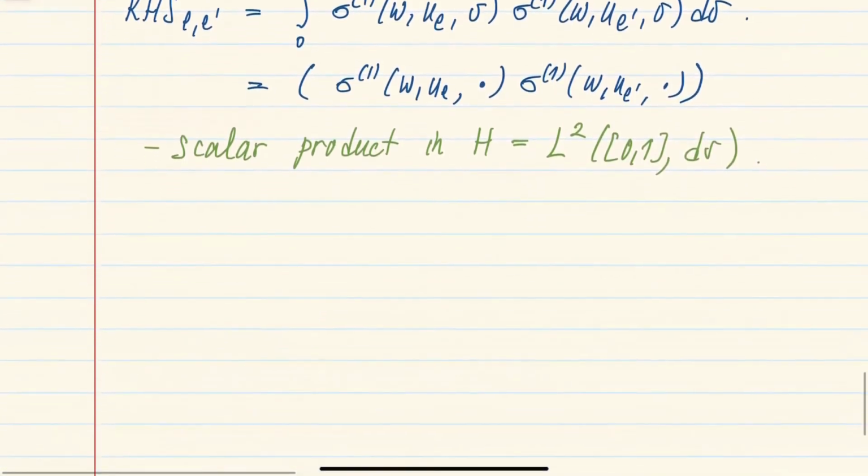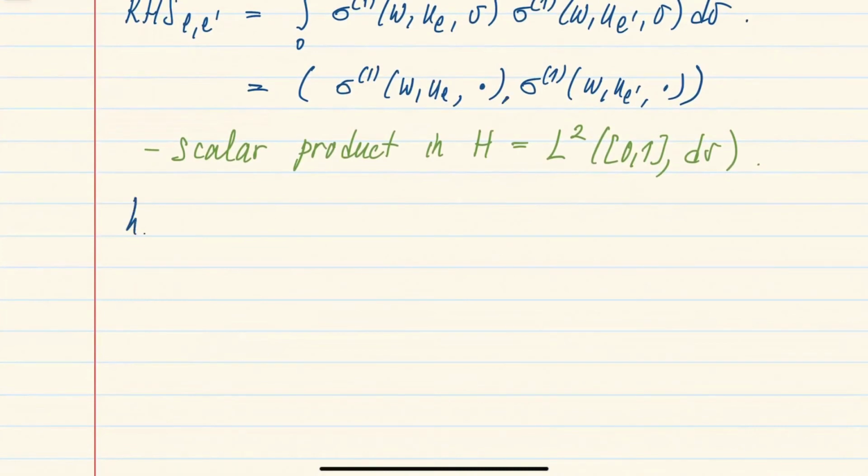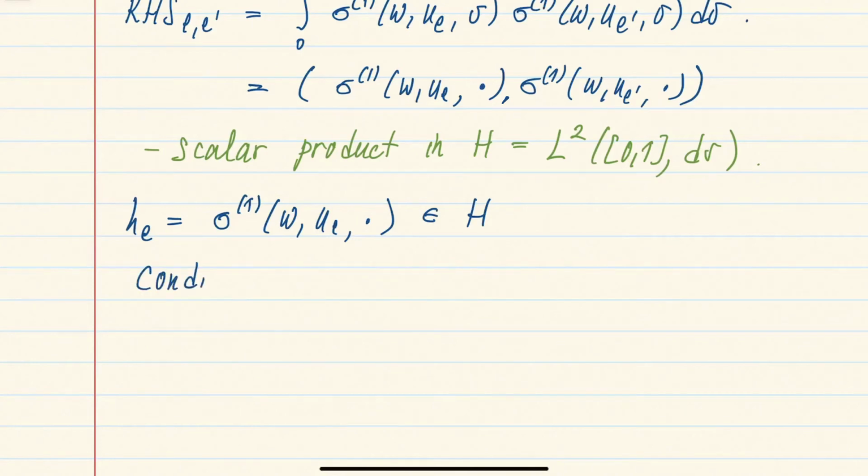And then if we denote by HL this function sigma 1 corresponding to the index L viewed as a function of v as an element in this Hilbert space H, then it remains to notice that conditionally on this random variable w, this is an IID sequence from some measure on this Hilbert space.